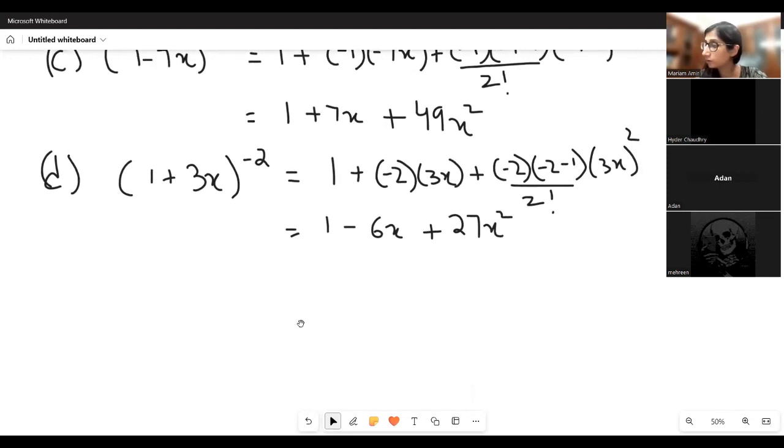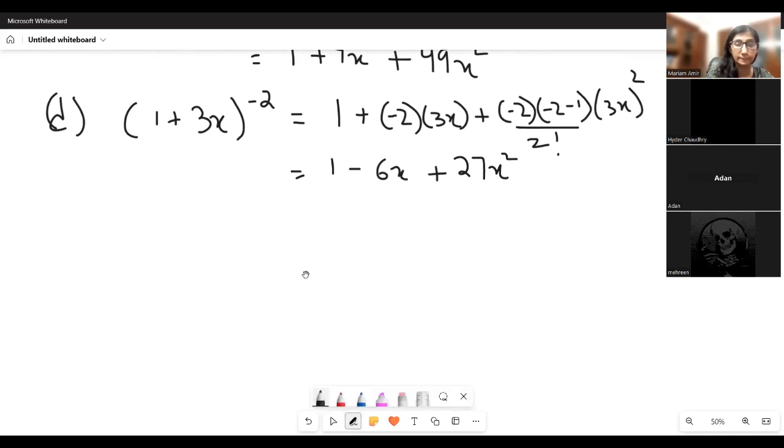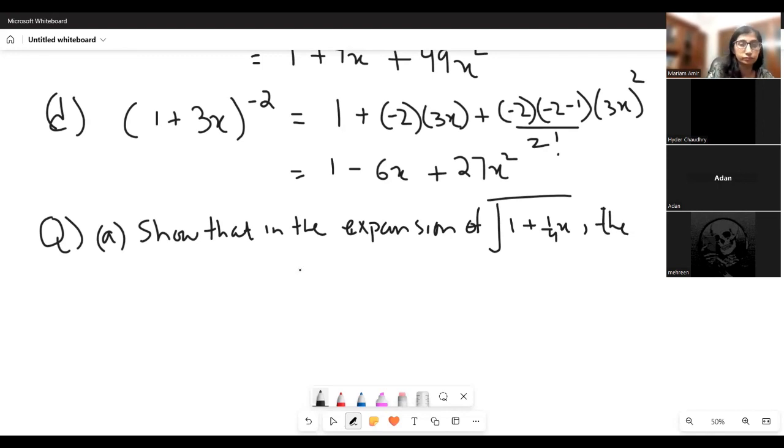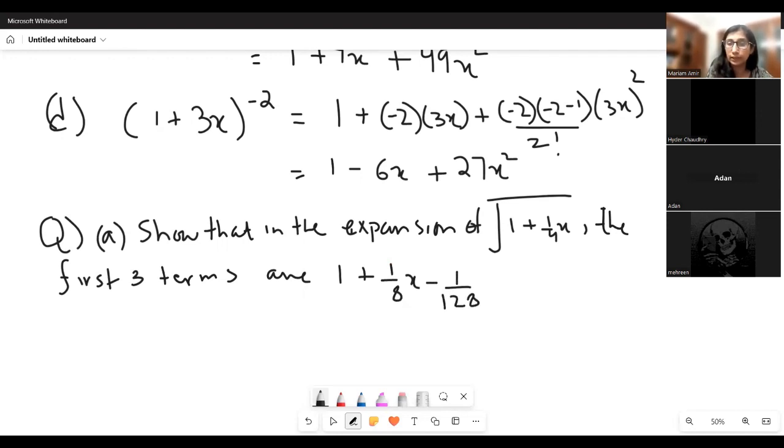So the question is, show that in the expansion of square root 1 plus 1 by 4x, the first 3 terms are one plus 1 by 8x minus 1 over 128x squared. This is part A.